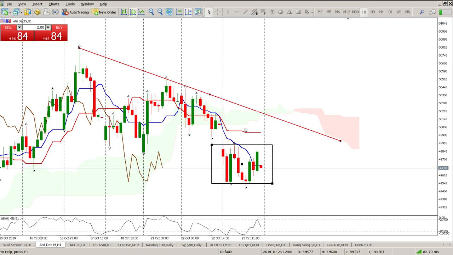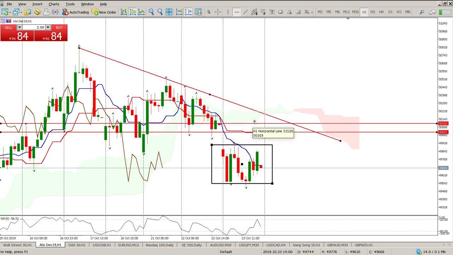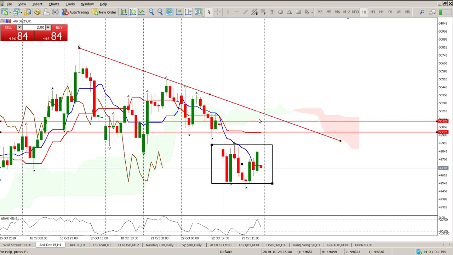It's the underside of the cloud. And we've also got Kijun-sen here. So Kijun-sen lines up almost perfectly with the breakout retest here. Okay, and part of the cloud here will line up with the gap close, and also this diagonal trend line.